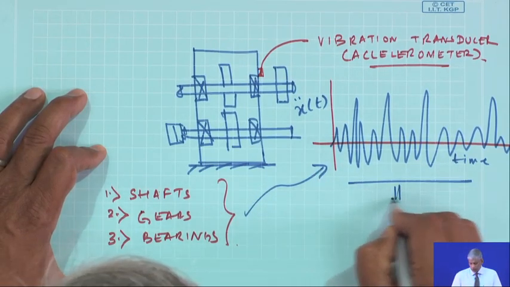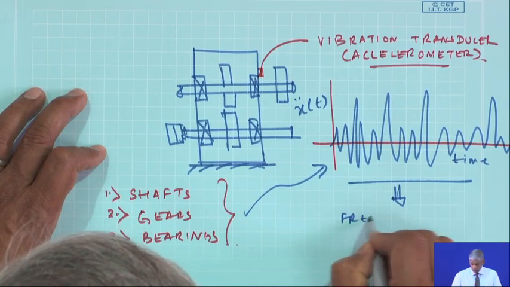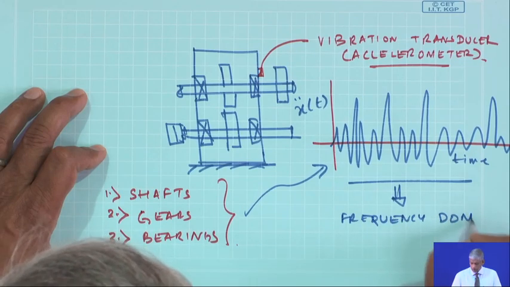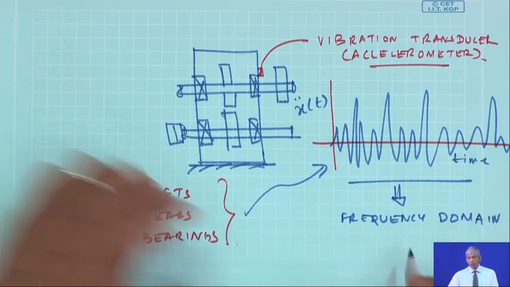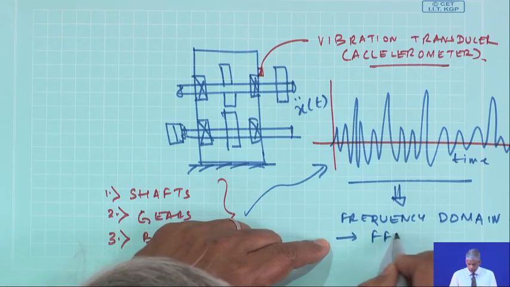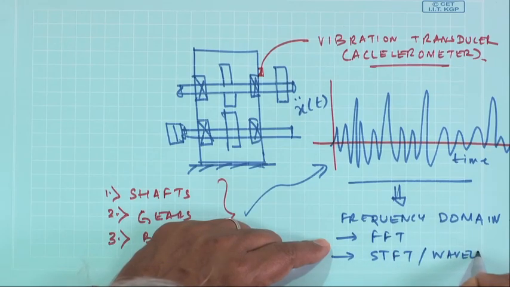So, it is actually carefully transforming to the frequency domain. Of course, by now you know how to convert them to frequency domain, be it if it is a stationary signal, you can do FFT or you can do STFT or wavelets or even EMD if it is a non-stationary signal.